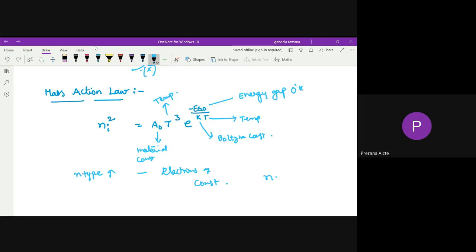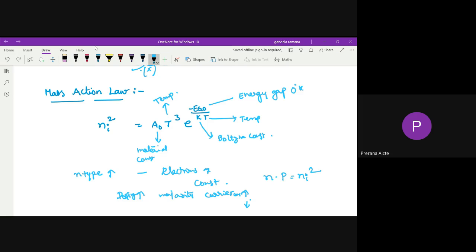So n into p is equal to the square of the intrinsic concentration. At thermal equilibrium, when doping is increased, the majority carrier concentration increases, and the minority carrier concentration decreases. So the product is constant.